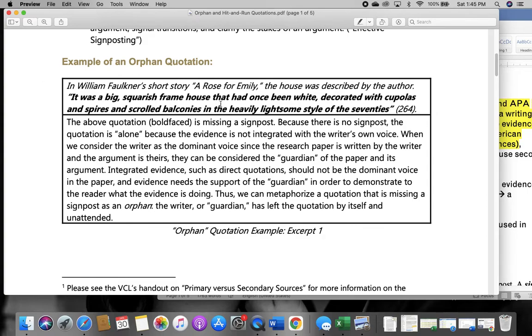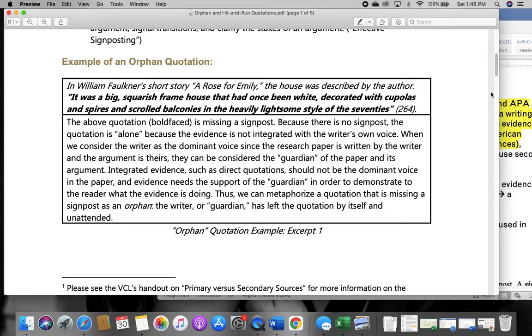You can see, and I've bolded the quotation, that the period comes here, and then there's just this quotation. So this has no signpost. There's no leading the reader in a certain direction. It's just, here's a quotation, reader. Have fun with it.